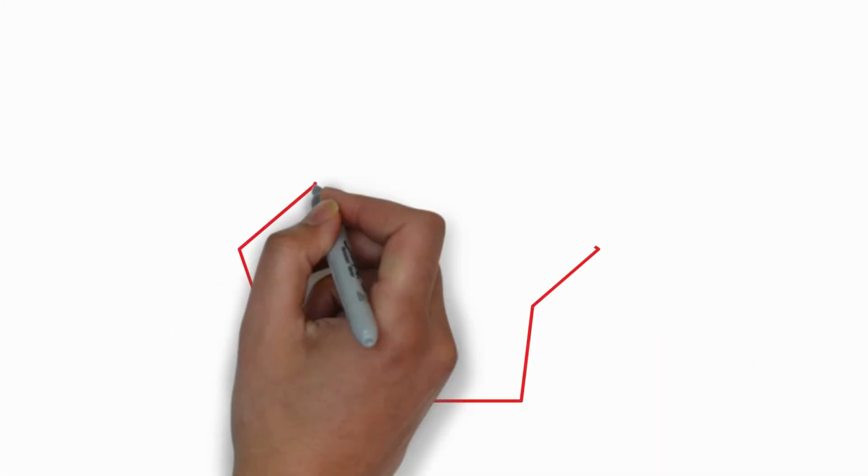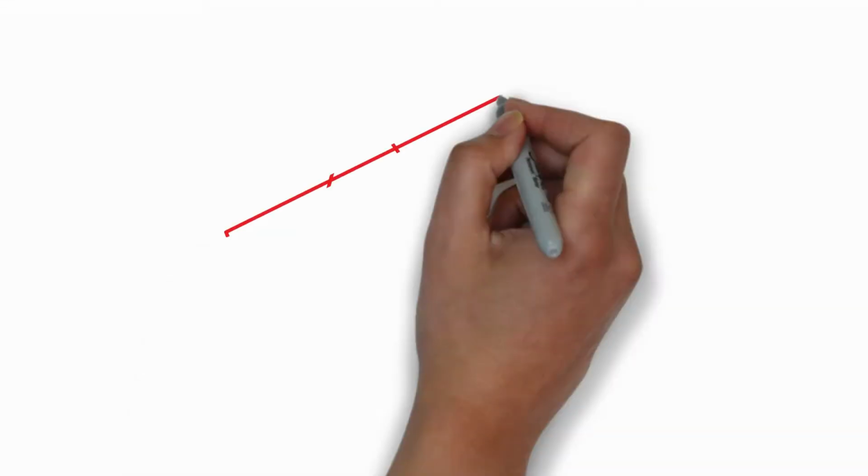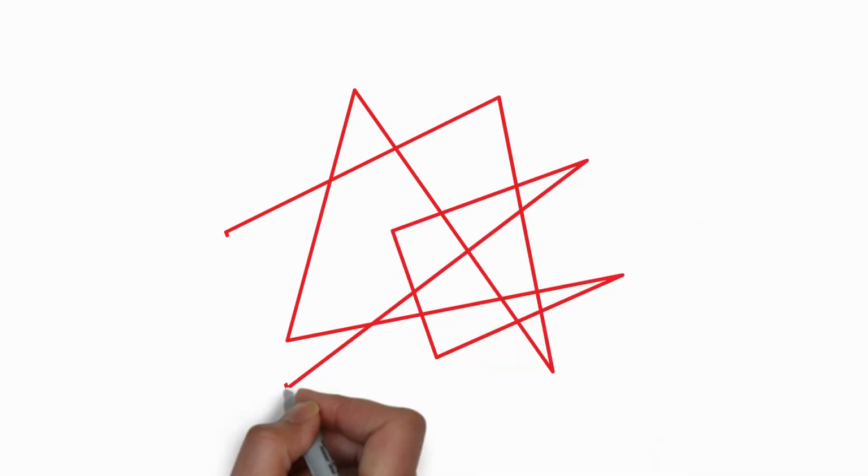So we're trying to get a random boulder shape, something like is being drawn on screen at the moment. But we need to work out an algorithm, or a series of computer instructions, that will generate this shape automatically. If we were to simply select a series of random x and y coordinates, we wouldn't get a nice boulder shape.